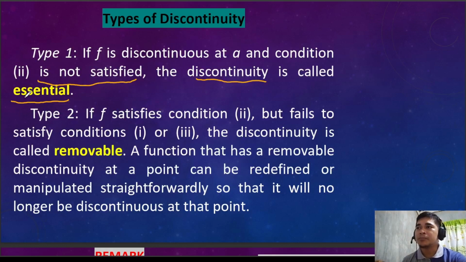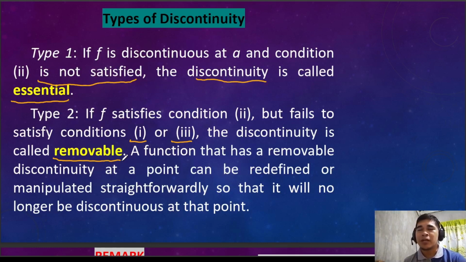Type 2, if f satisfies condition 2, meaning a limit exists, but fails condition 1 or condition 3, meaning f of a does not exist or condition 3 is not satisfied, that is discontinuity, and that is called removable. Okay? If condition 2 is not satisfied, it is essential. If either condition 1 or 3 is not satisfied, that is removable.